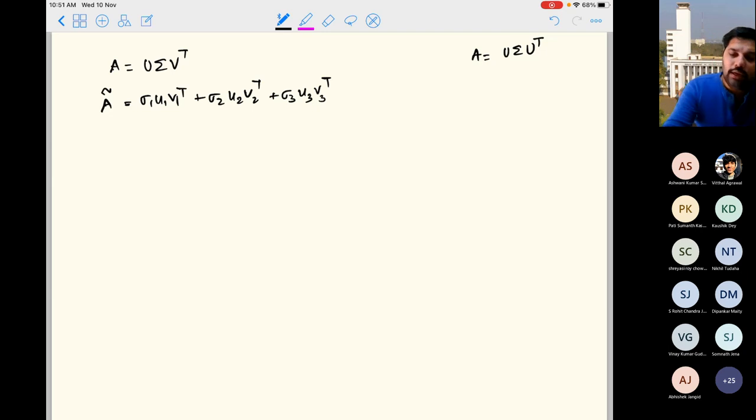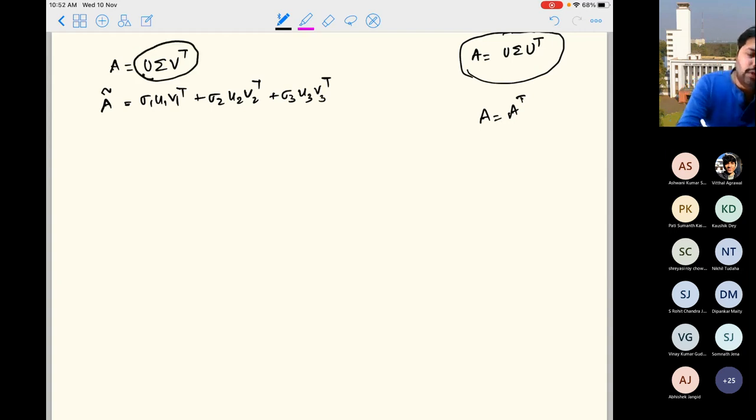So for a symmetric matrix, this is the form of the singular value decomposition, right? Because of the symmetry of the matrix A, you have A is equal to A transpose, right? That relationship needs to be satisfied by the singular value decomposition also. So the transpose of this matrix should be itself, no?